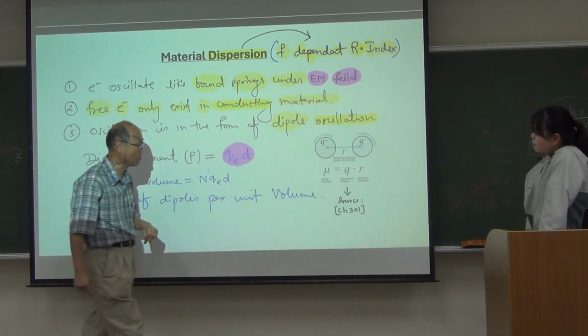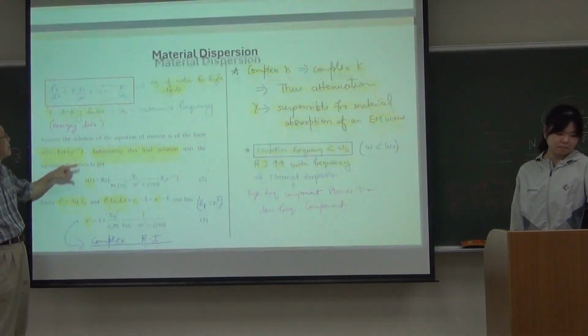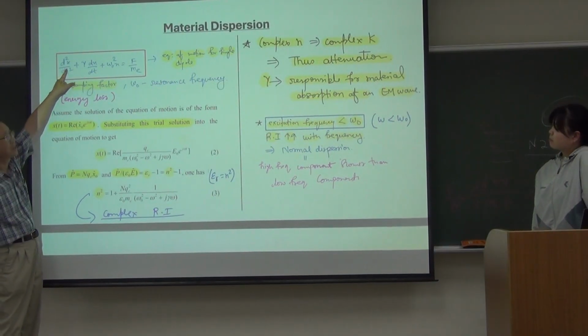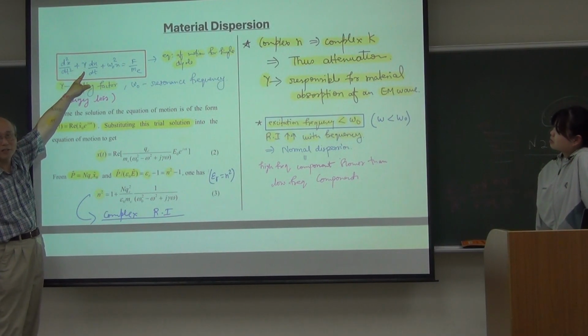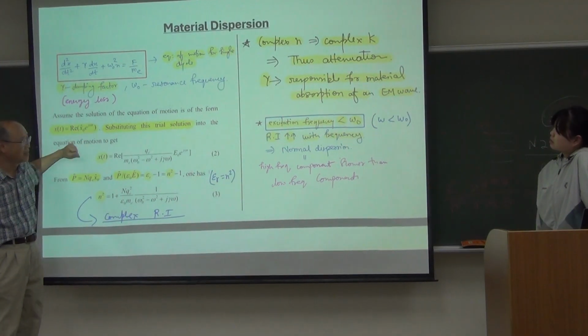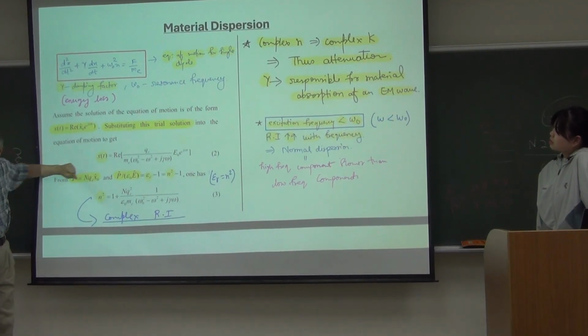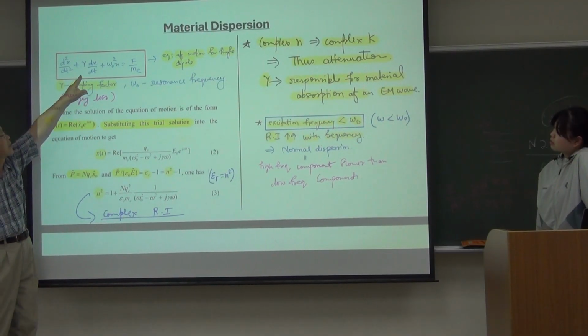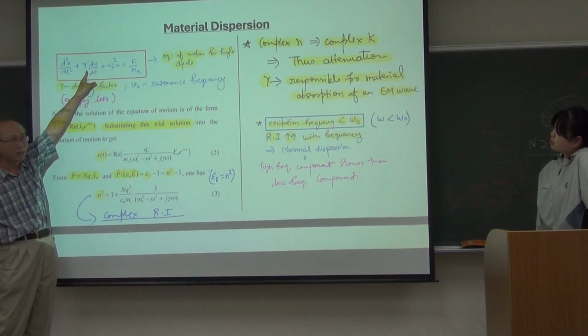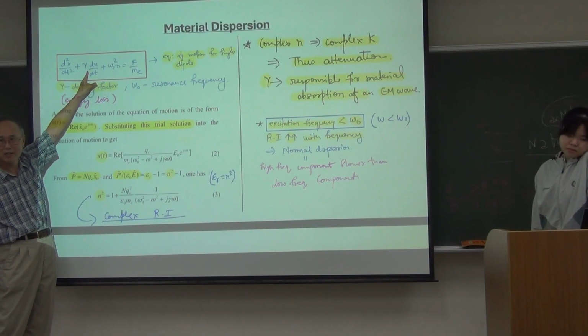So let's go to the formula. This is the displacement versus time, and this term describes the heating I start to feel in my hand. This is the heat dissipation, the loss of energy.